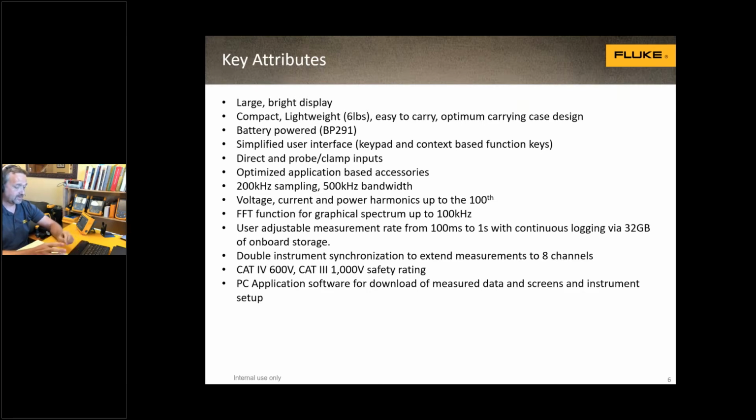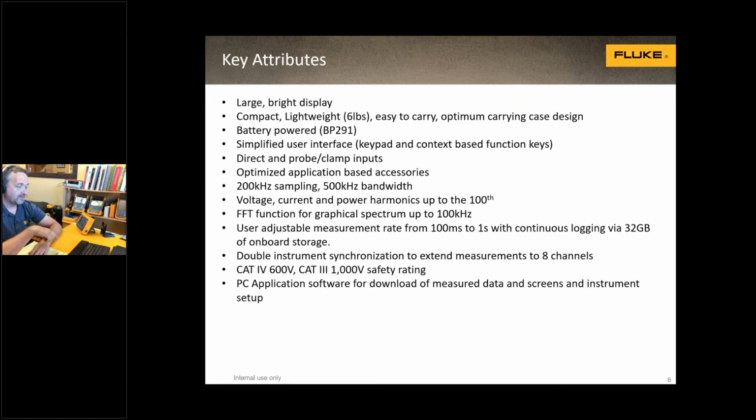It's battery powered, so you don't need 120 volts handy to power the unit up, and it can run up to 10 hours off battery power. The user interface is keypad driven, with very few keys. The interface has some sub menus, but it's designed to be a little easier to navigate than the multi keypads of a bench analyzer.